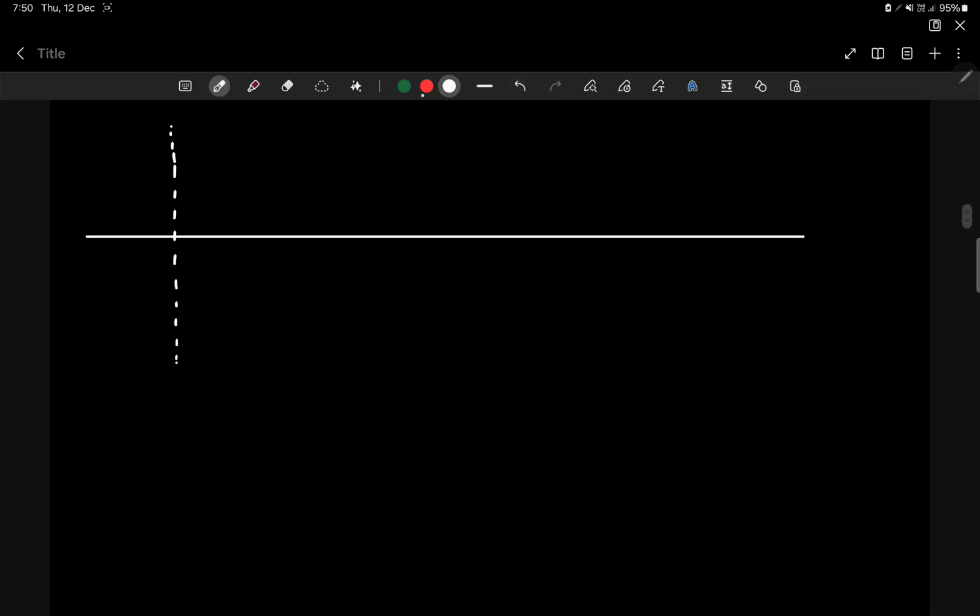So first thing, suppose this is our interface and this is the normal, and the lower medium is our denser medium and this is your rarer medium.